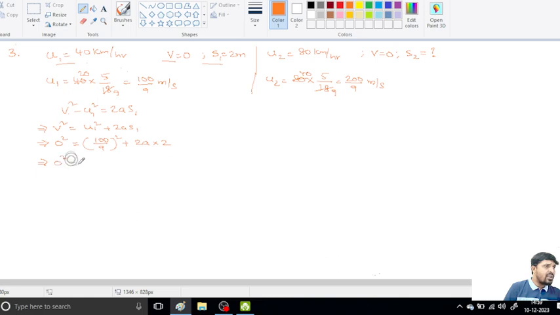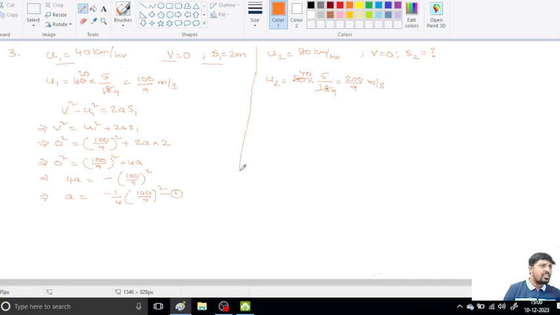So 0 square equals 100 by 9 whole square plus 4a. So 4a equals minus of 100 by 9 whole square. Here we can write a equals minus 1 over 4 times 100 by 9 whole square. So let it be equation number 1.